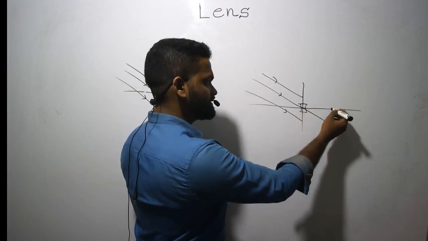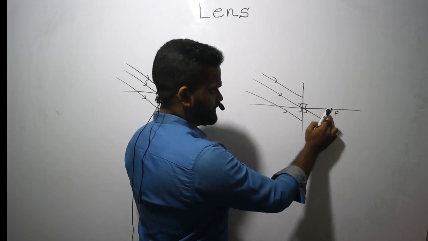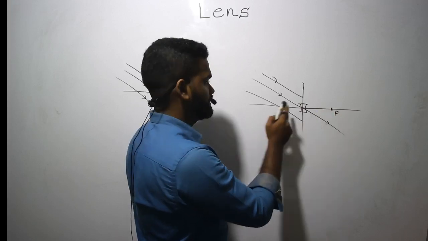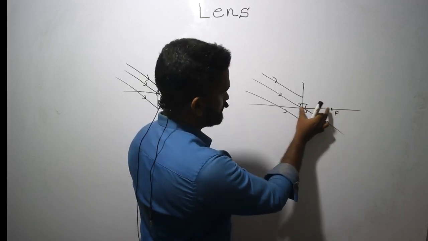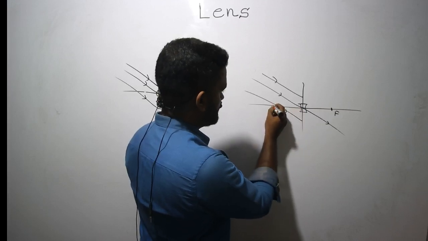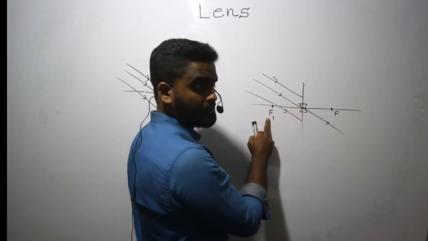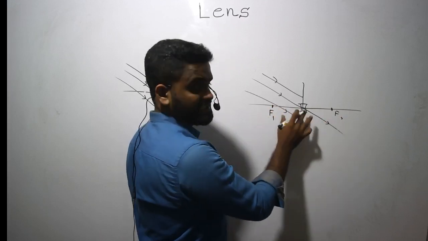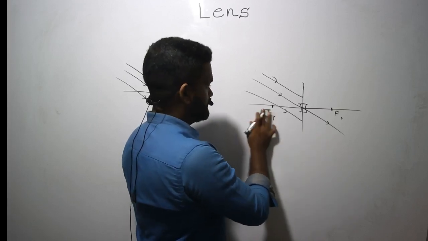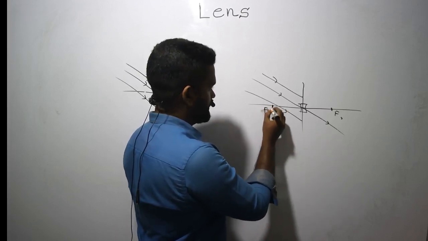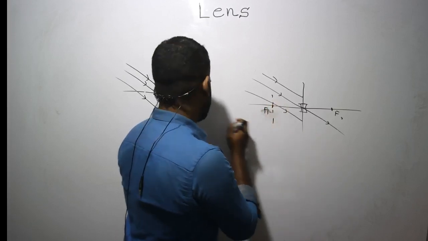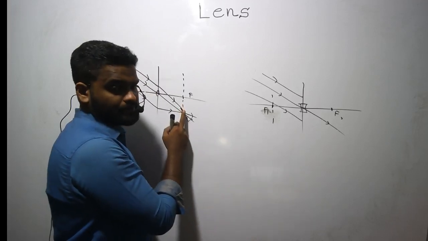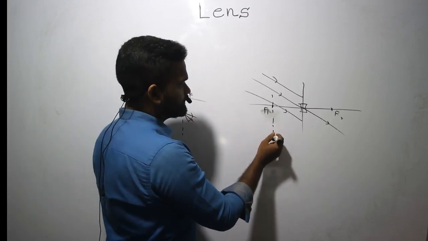But the thing is, here you have the secondary focus, right? Here you have the primary focus for a concave lens. Then we draw, here also we draw that for the primary focus, right?